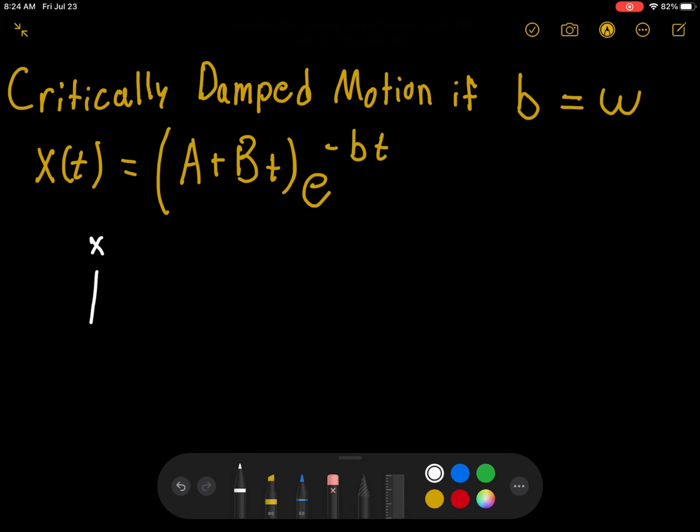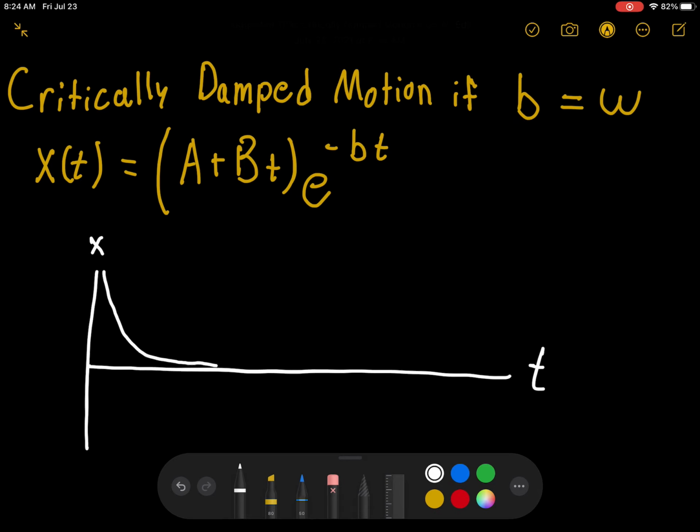And once we graph this on an x versus time graph again, this time we're just going to get a sudden drop off, and it reaches x equals 0 at rest much faster than overdamped motion. Most likely it's not even going to oscillate a single time.